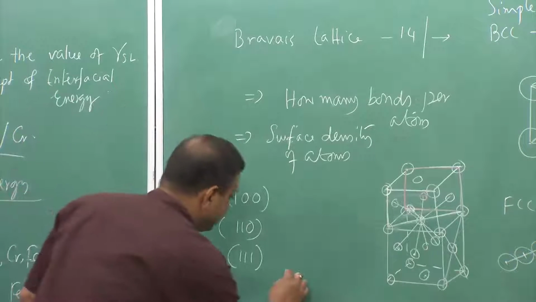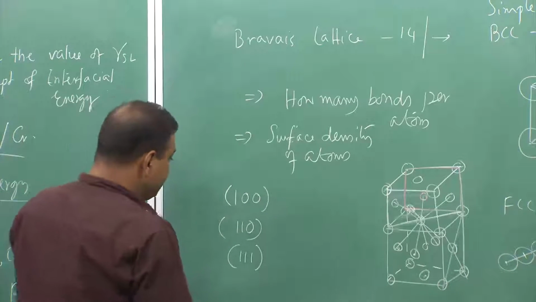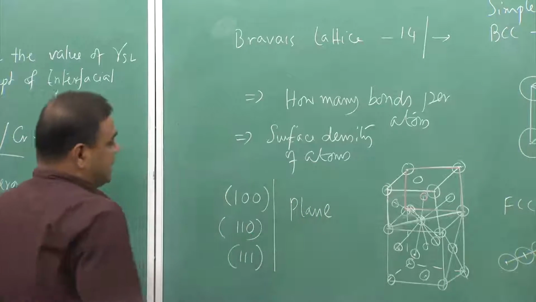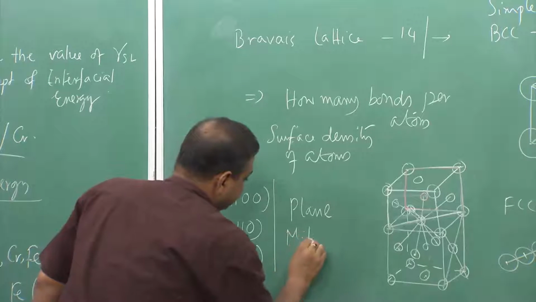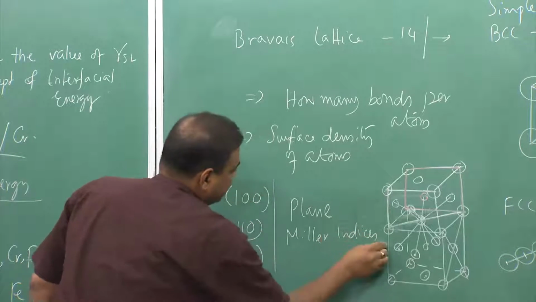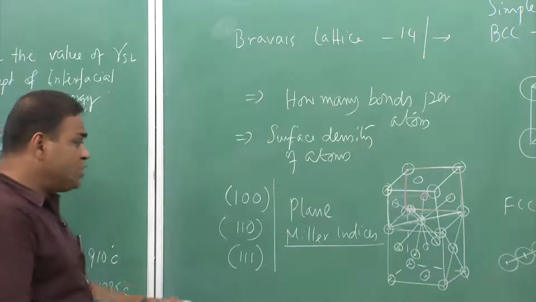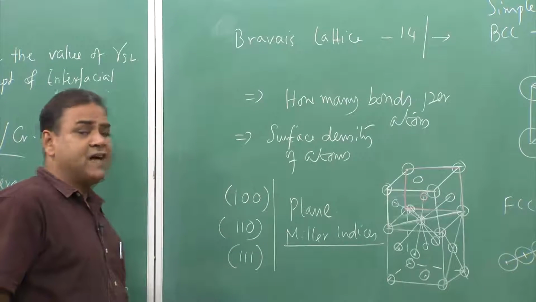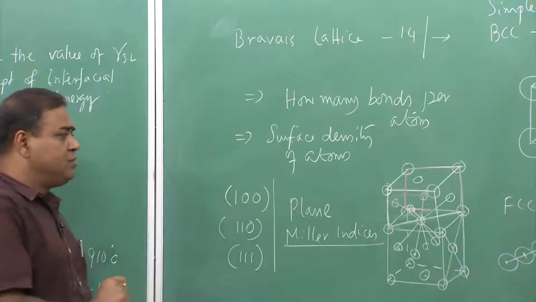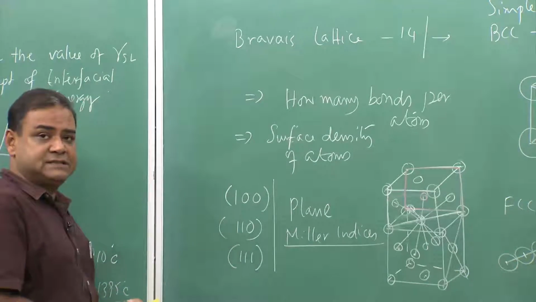For example, if I consider a simple cube, these are the plane notation and these are Miller indices. We will not go into detail on how we get these values, but rather simply denote what those planes are.